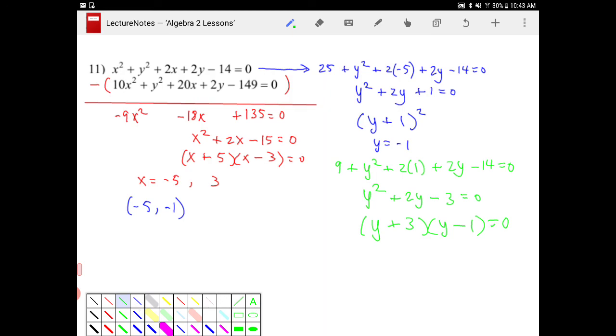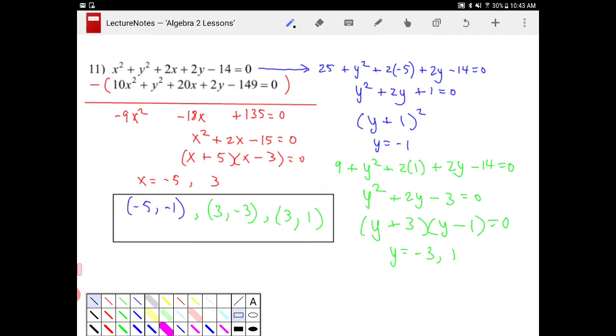So my second solution is going to be 3 comma negative 3 or 3 comma positive 1. Remember, y here is equal to negative 3 or positive 1. And that corresponds with the x-coordinate 3 there. So this is my answer here. I have 3 answers.